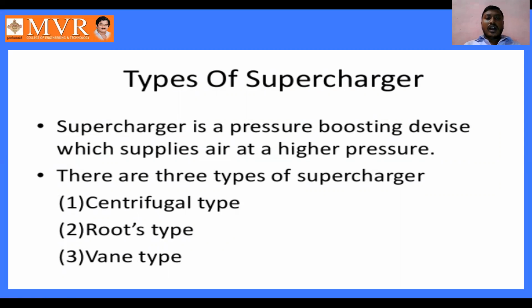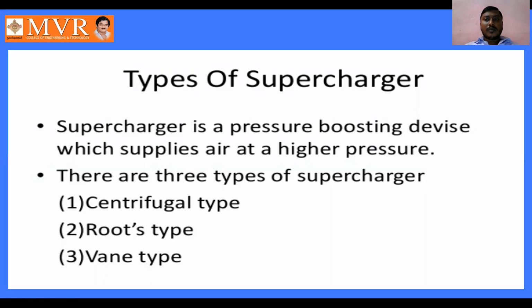As I have shown in the diagram, the work of the supercharger is to supply high pressure air into the engine cylinder. A supercharger is a device used for boosting or supplying air into the engine cylinder at high pressure. We have three types, named centrifugal type, roots type and vane type.